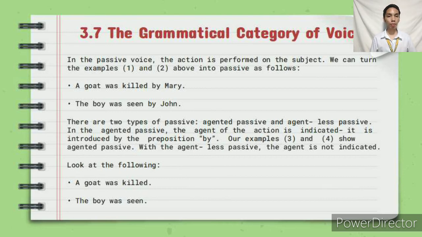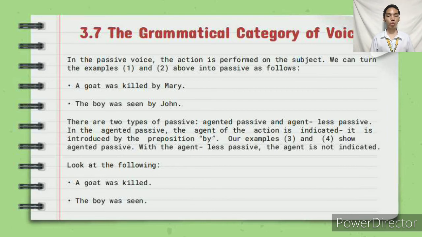There are two types of passive: agented passive and agentless passive. When we say agented passive, it usually is indicated with the preposition "by."